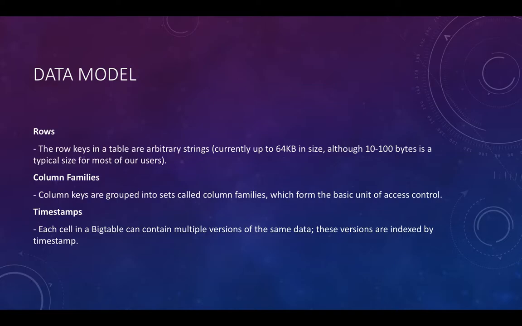Different versions of a cell are stored in decreasing timestamp order, so that the most recent version can be read first. To make the management of versioned data less onerous, we support 2 per-column-family settings that tell Bigtable to garbage collect cell versions automatically.